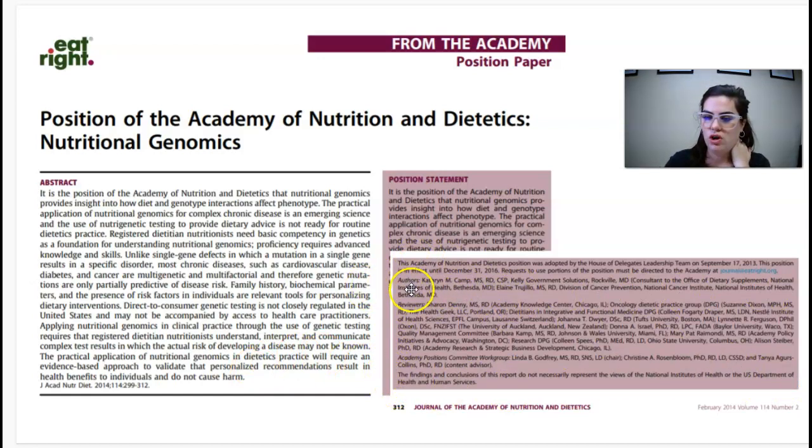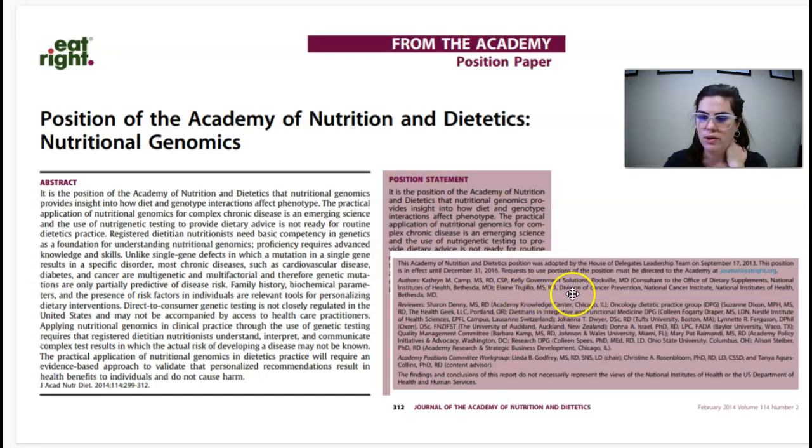It shows you your author. You see here that Catherine M. Camp is the author, and then the things that follow her here are her places of employment. So you see Kelly Government Solutions. They are a consultant to the Office of Dietary Supplements, National Institute of Health. And then you see that Elaine Trujillo is the second author.